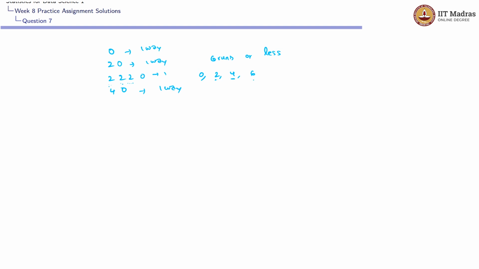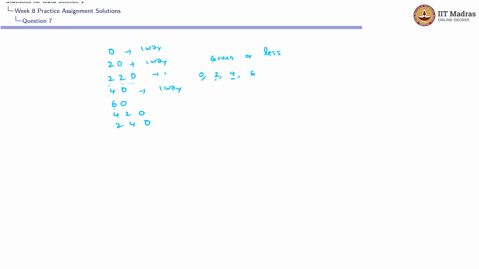And lastly, if you look at 6, that could happen in 6, 0. He could score 6 runs in the first ball, in the first chance and 0 in the second chance, or else he could score 4-2-0 or 2-4-0. Sorry, here for him to get 4 runs, the possible way is 2-2-0.